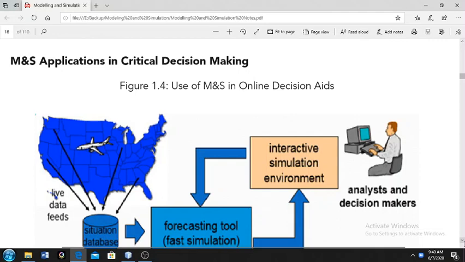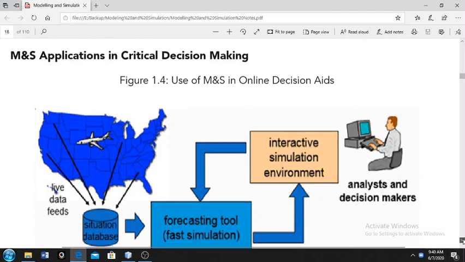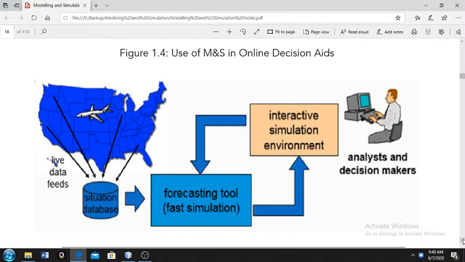What do we mean by application in critical decision making? It is when a real-world trial is risky, for example when it is engaging human life. Here we are simulating an aircraft.